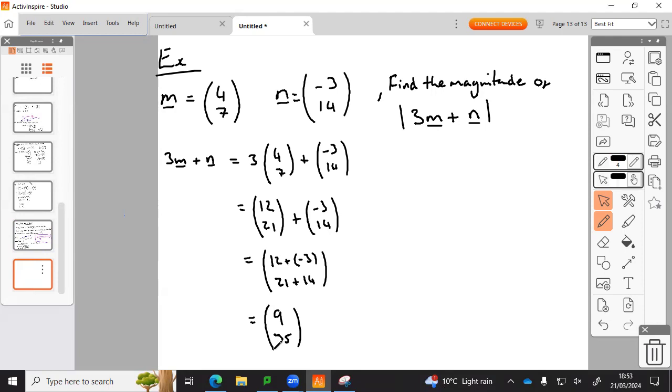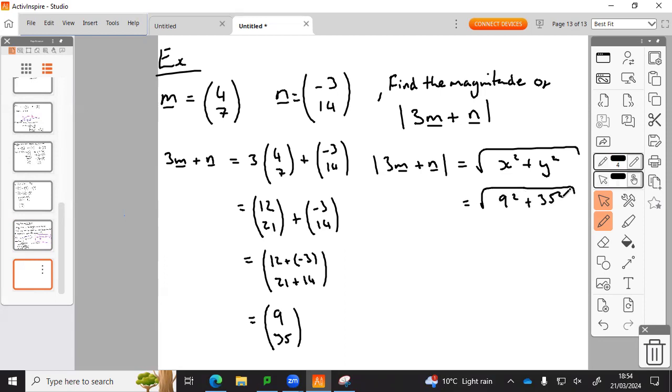That is then what you're using in your x squared and y squared. Then your calculator should get 6.14.